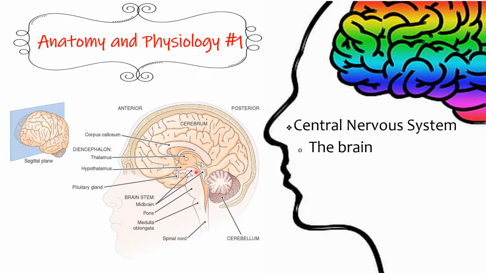Each cerebral hemisphere is subdivided into frontal, parietal, temporal, and occipital lobes. It will be shown in the next slides.